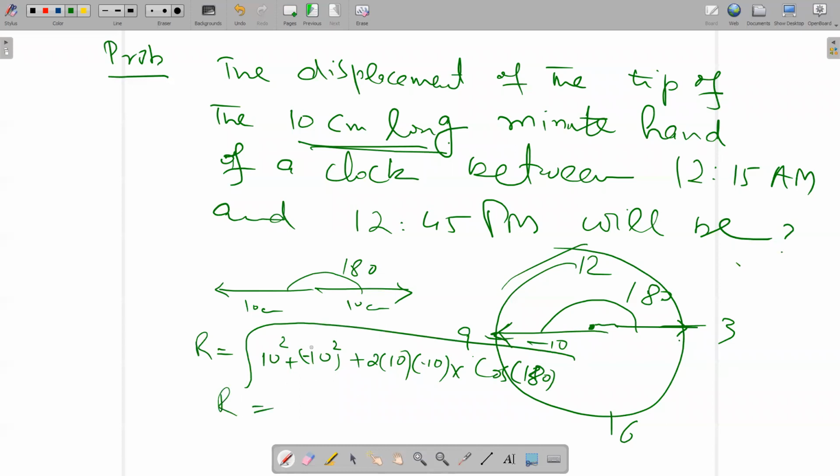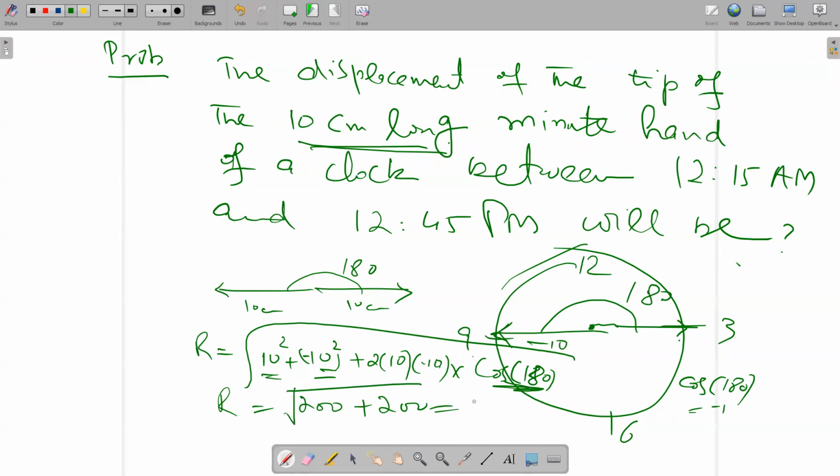When you solve this, 100 plus 100 is 200, and cos 180 is minus 1, so this minus will become plus, plus 200. 10 into 10 is 100, into 2 is 200, and the minus becomes plus.